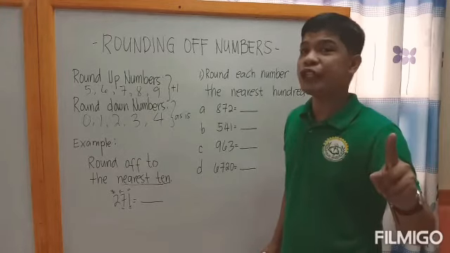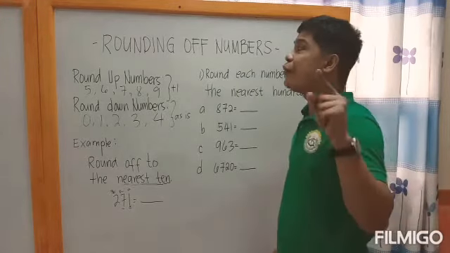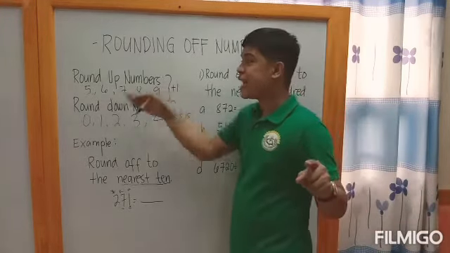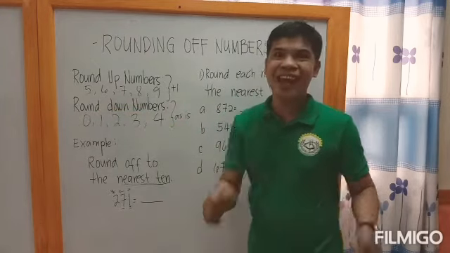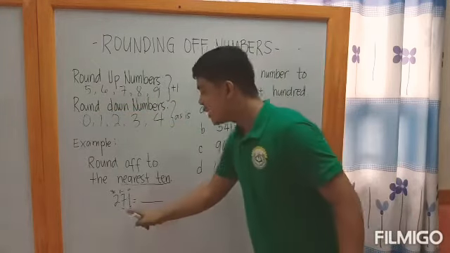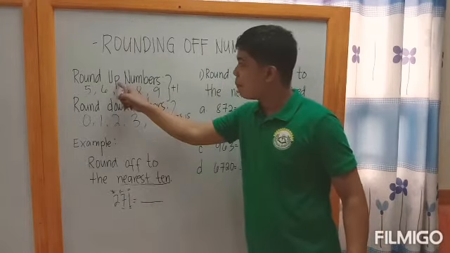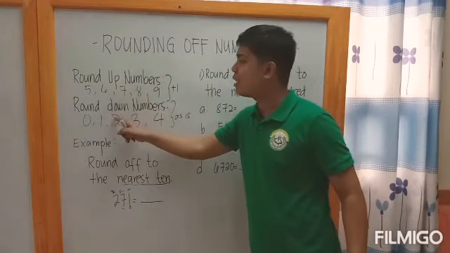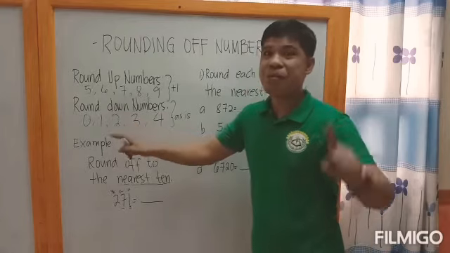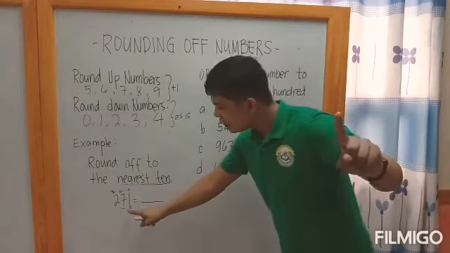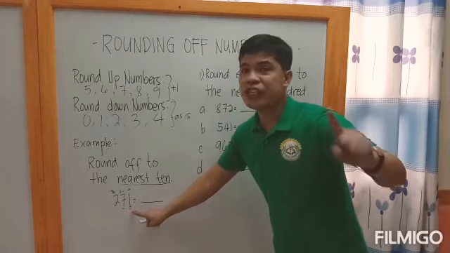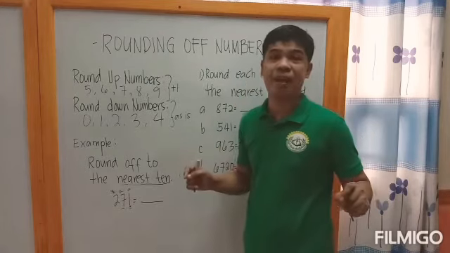Remember those round up numbers and round down numbers. Look at this one: where does it belong, in round up numbers or round down numbers? Correct, the digit 1 is a round down number.